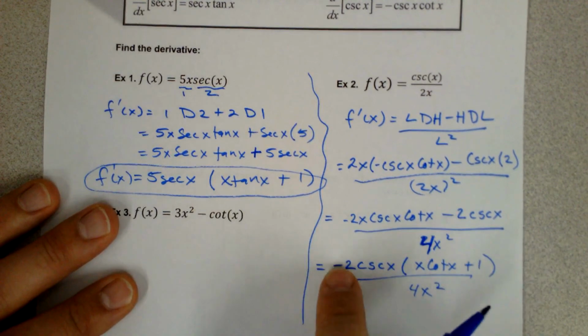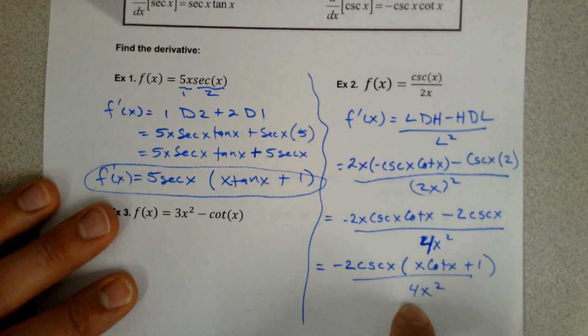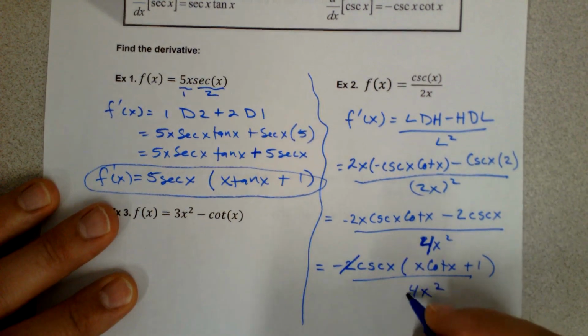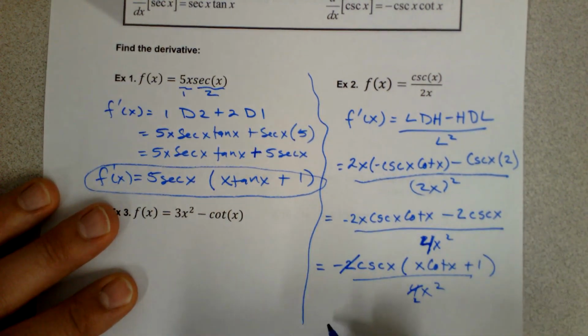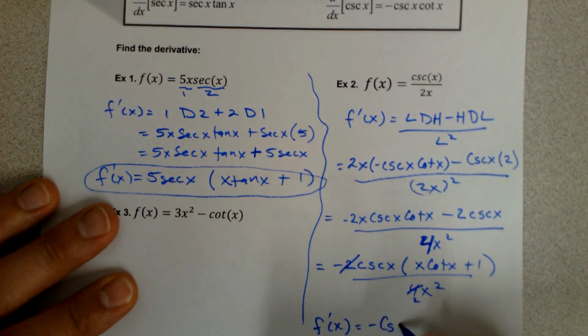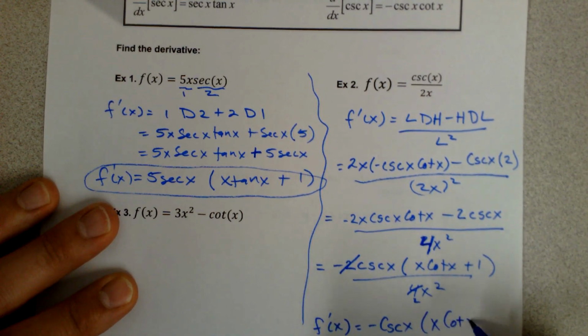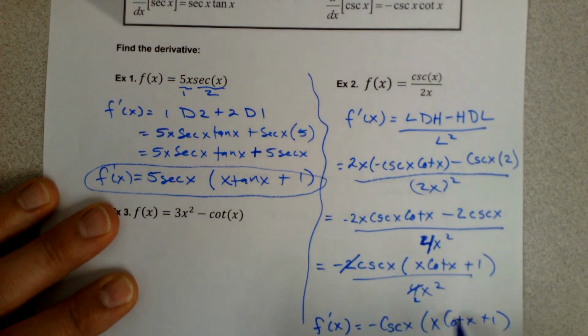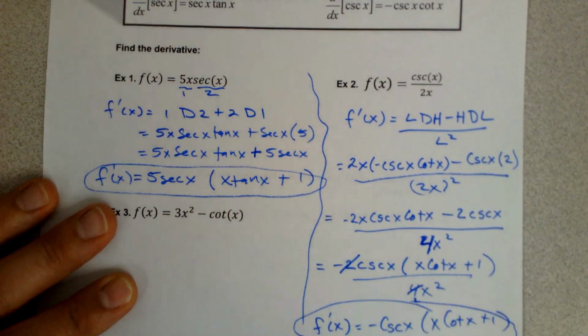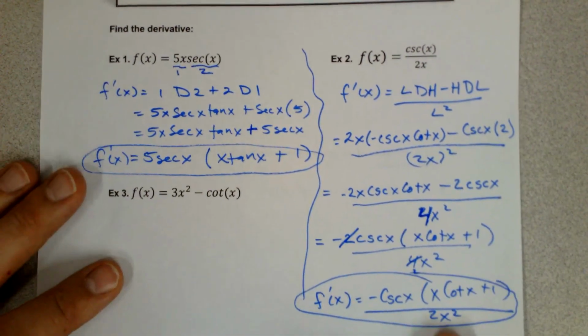Now we have some monomials, and one term we can reduce on top and bottom. The 2 here and the 2 here cancel, and we end up with our final answer: the opposite of cosecant times x cotangent plus 1, all over 2x squared. So not too bad.